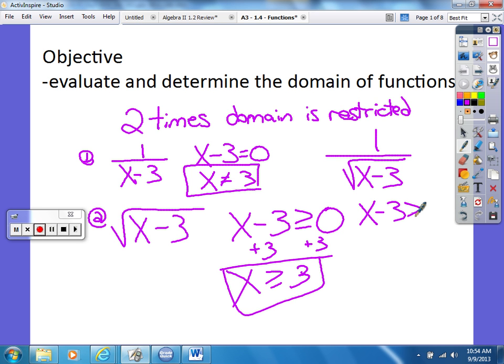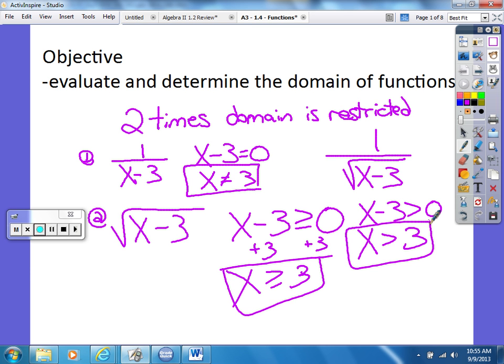So I'm going to say greater than 0 when I rewrite that. That way, if it's a different number than 3, it would also work. So now, x has to be greater than 3. Notice that when you combine the square root and a fraction, the only thing it really gets rid of is that equal sign there, right? The only thing it really gets rid of is that equal sign.